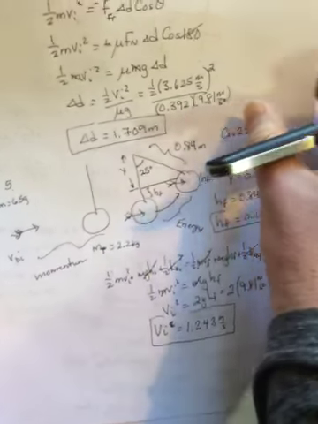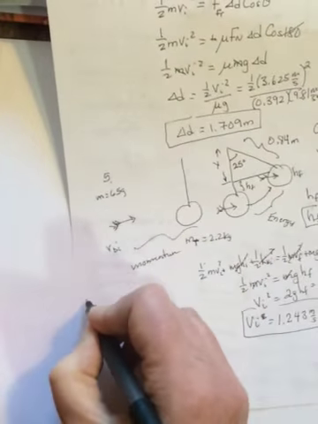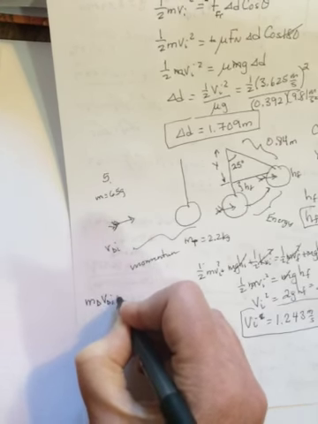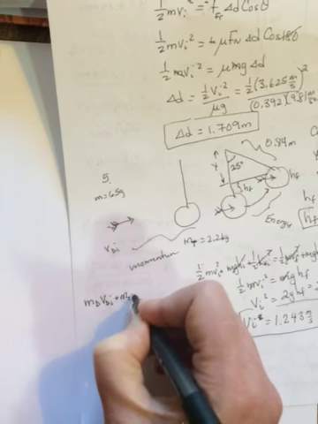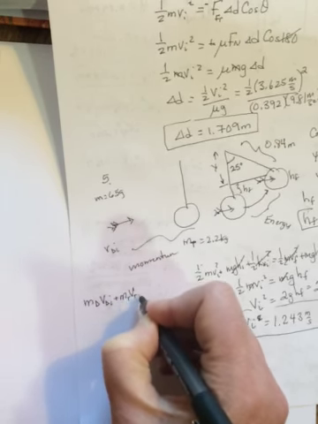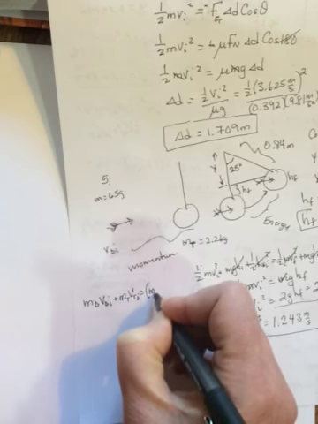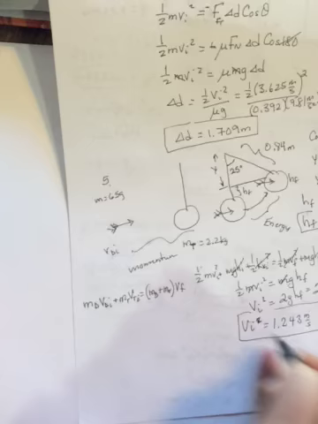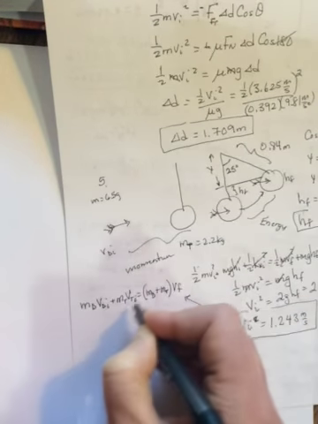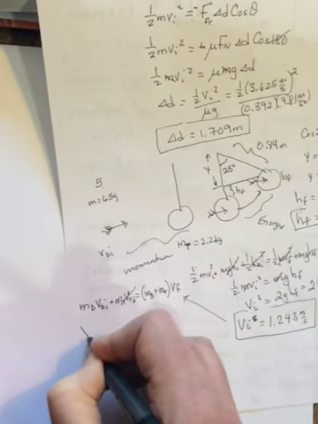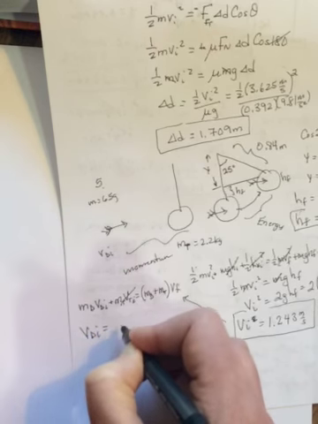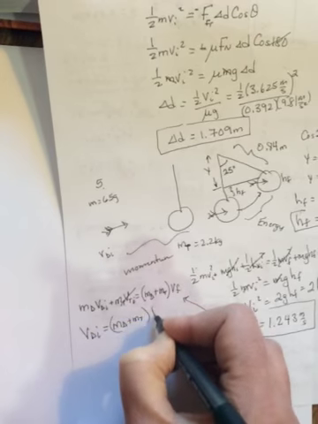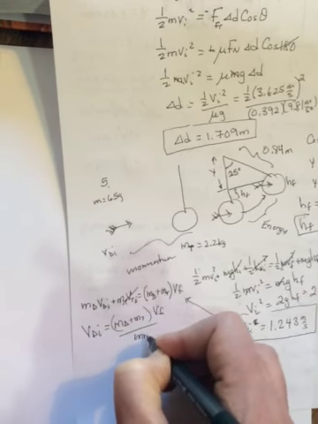Okay, so for momentum, mass of the dart times velocity of the dart initial, plus mass of the target times velocity of the target initial, equals mass of the dart plus mass of the target times v final. And this is my v final. The target's not moving, and we're looking for the initial velocity of the dart. So it's m of the dart plus m of the target, times v final, over m of the dart.